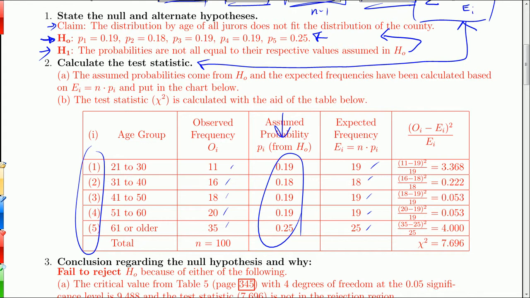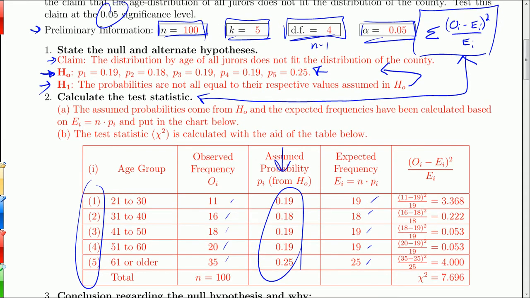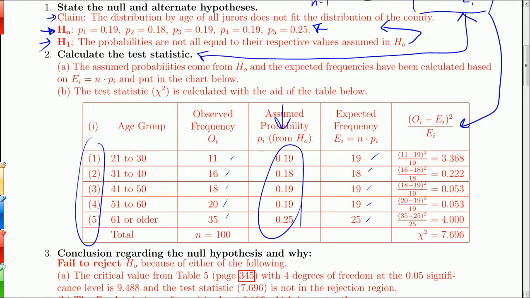Okay, so now, according to our test statistic, we need to add up all of these things. So O sub I minus E sub I. To get this first row, last column, I take O sub I, which is 11, subtract E sub I, my expected frequency, square it, and divide by E sub I. So I get 3.368.